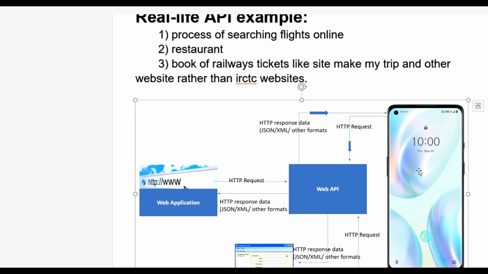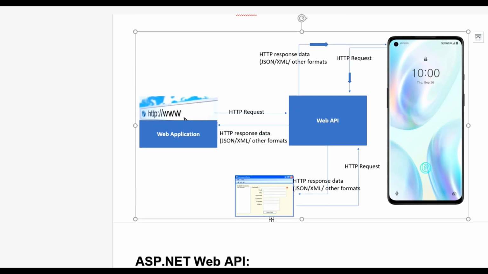In the same way, if a mobile application or mobile browser sends a request to the web API, the web API gives the result in JSON form, XML form, or other formats. In the same way, with Windows Forms, the Windows form sends a request through an HTTP request, and after processing the data using the web API, gives the response in JSON format, XML format, or any other formats.